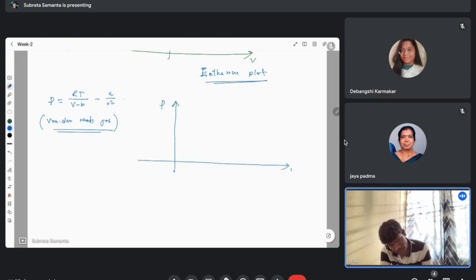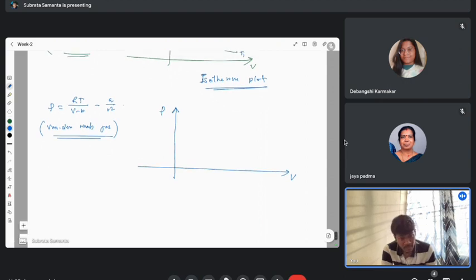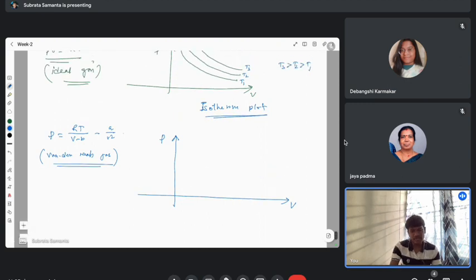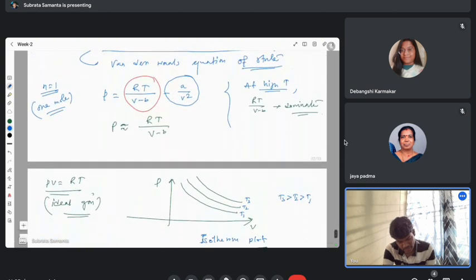First of all, we choose the temperatures. Let's say we start at the high temperatures. As we said previously, at high temperatures P looks like RT by V minus B. It's kind of ideal.